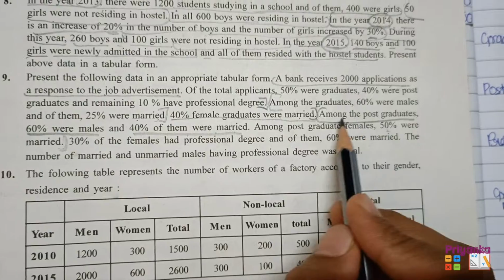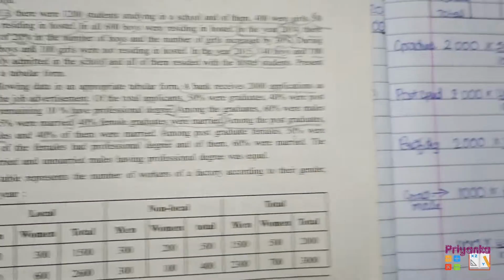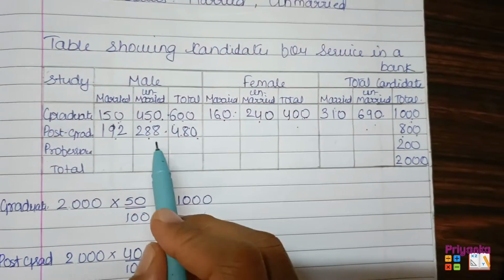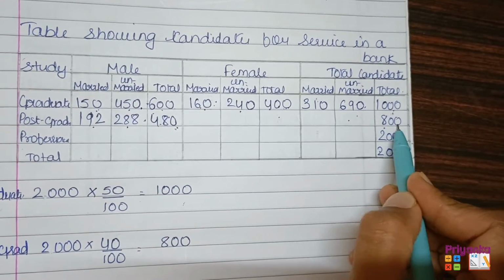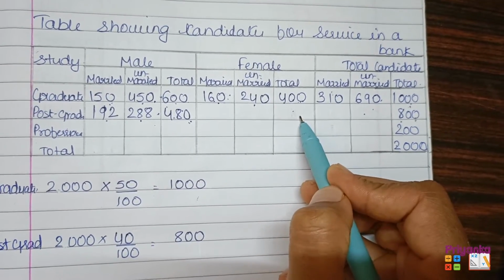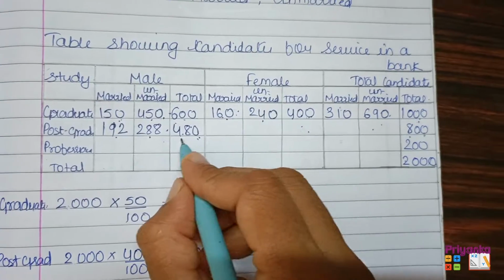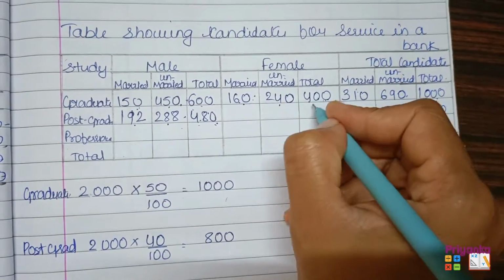Next, among the postgraduate females, 50% were married. Here is the full stop. So first of all, let's find out the number of females. Here we have the total number of male and here the total candidates. Subtract them and you will get the total number of females, that is 800 minus 480. Here you will get 320.